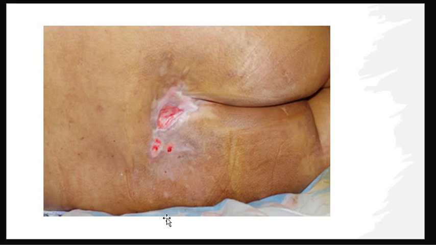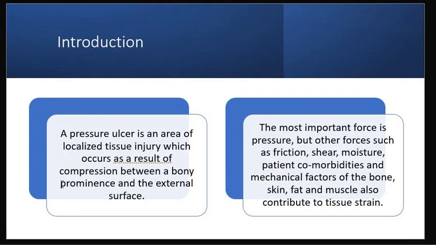So, when the skin is continuously between the pressure of the bone and the bed or chair, or continuously immobile for more than 2 hours, then mild erythema forms over that area, which is labeled as grade 1 pressure ulcer.